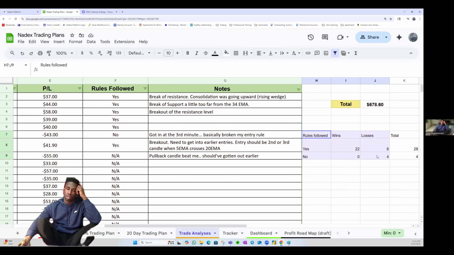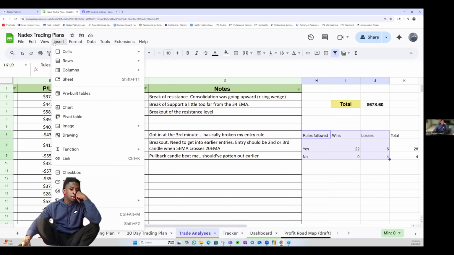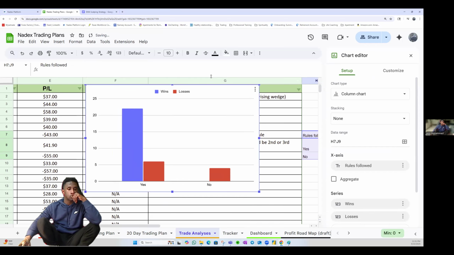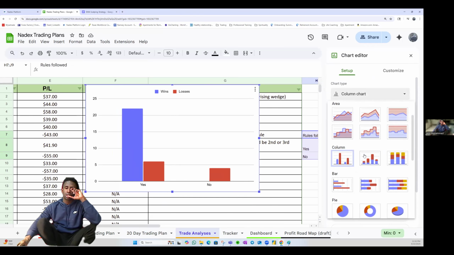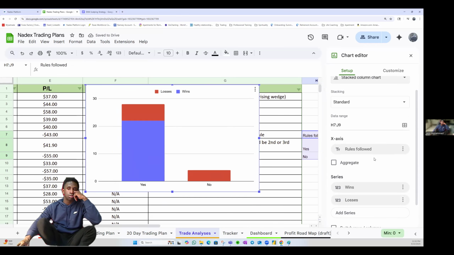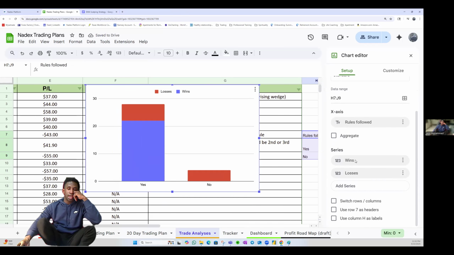Okay. Go to insert, chart. Chart editor. Says stacked column. The x-axis.